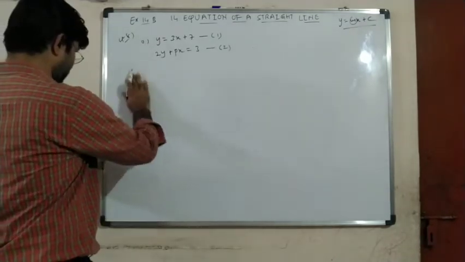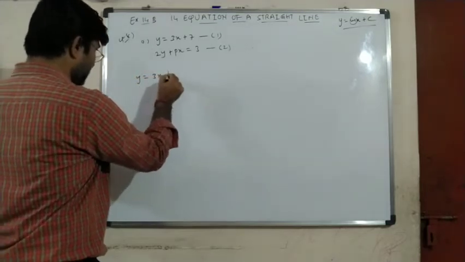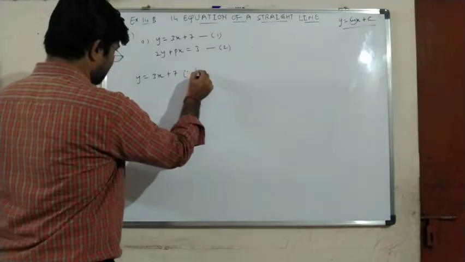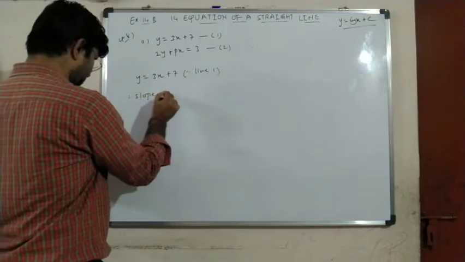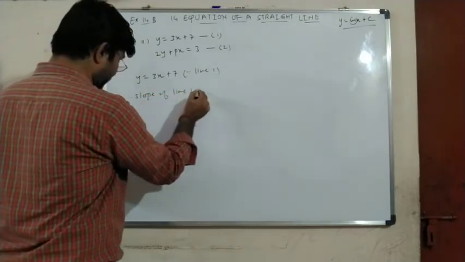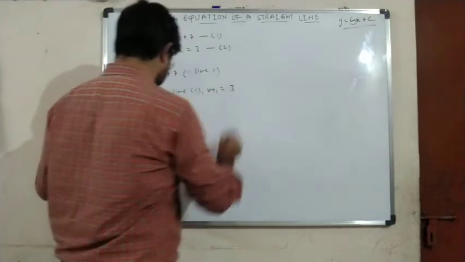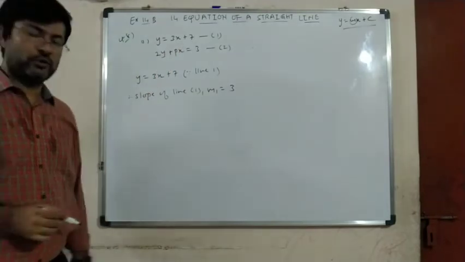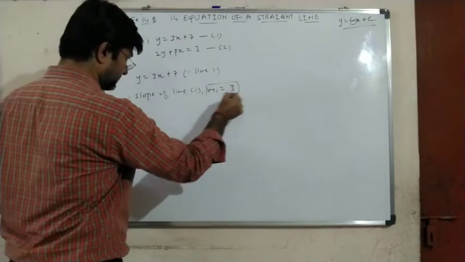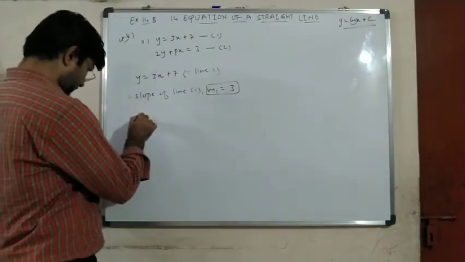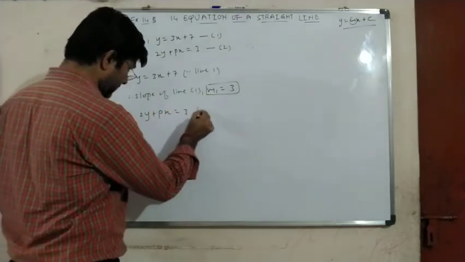Now equation 1 we will begin with: y is equal to 3x plus 7. This is line 1. So what will be the slope of line 1? Slope of line 1, denoted by m1, is equal to 3. This is already in the y is equal to mx plus c form. Clear? Now second equation we will write down. We have 2y plus px is equal to 3.